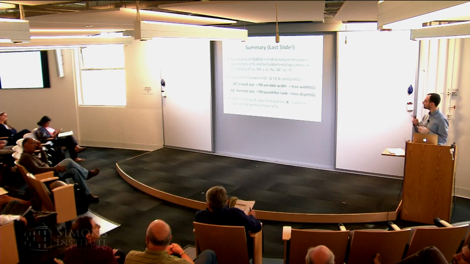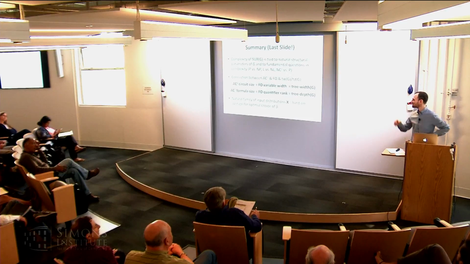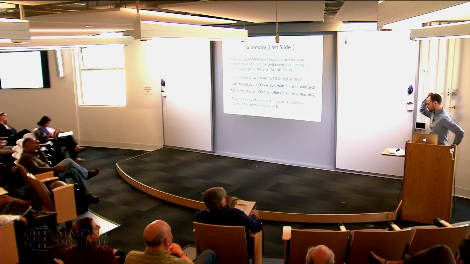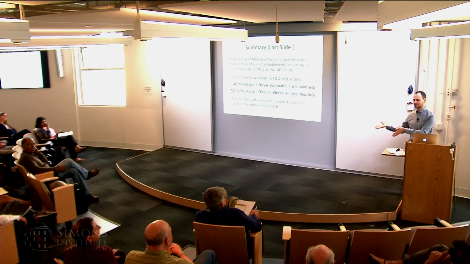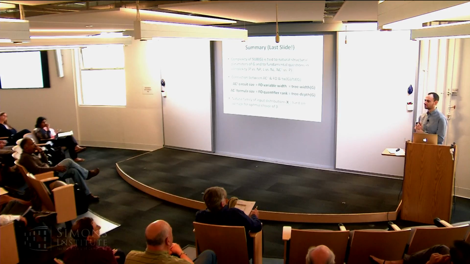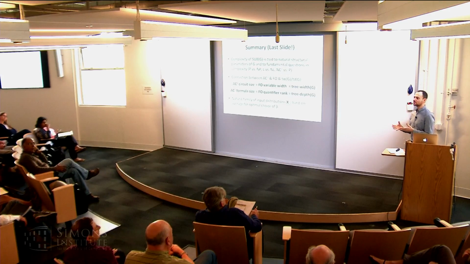Yeah. So here's a question I really like. We know that semantic monotonicity is different from syntactic monotonicity, not only for AC0, but also for formulas and circuits. There exist monotone Boolean functions which have polynomial size non-monotone Boolean circuits, but require exponential size monotone circuits.